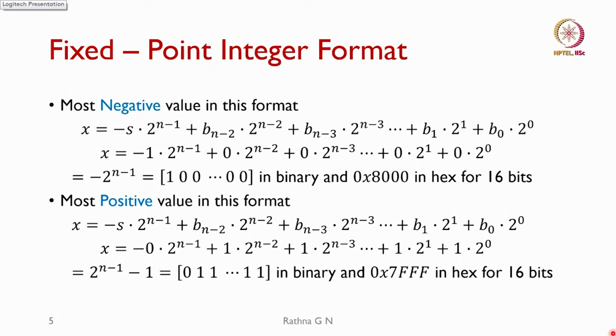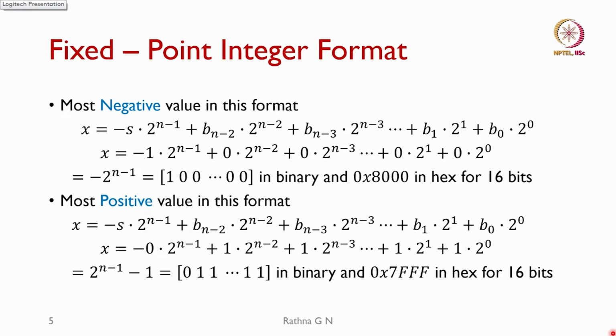All of us know what range this number format can take. The most negative value in this format is x given by minus s into 2 power n minus 1 plus the remaining bits. If we know the sign bit is equal to 1, so if we substitute s is equal to 1, it is minus 1 into 2 power n minus 1, and the rest of the bits are going to be zeros.